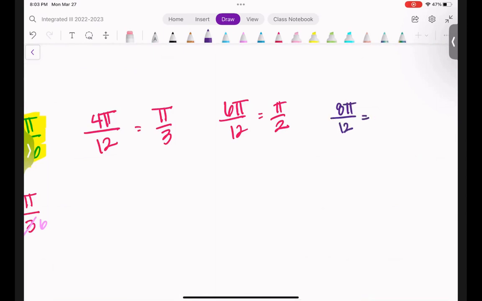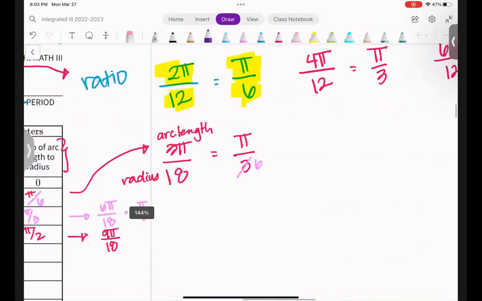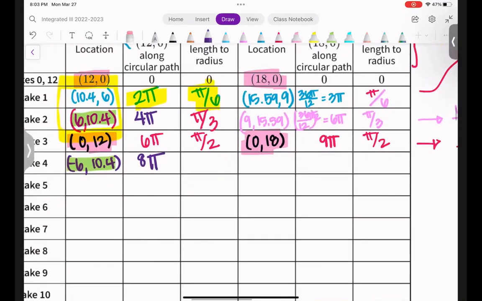Okay, so that means I have to simplify. So that's 2 pi over 3. So that means that's 2 pi over 3 here. Oh, that's interesting because that's the guy that matches, right? You were saying that guy matches that guy.